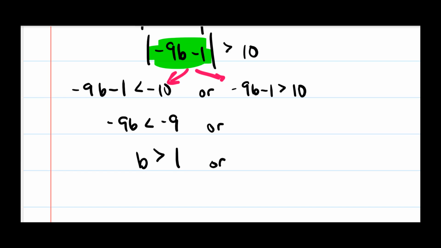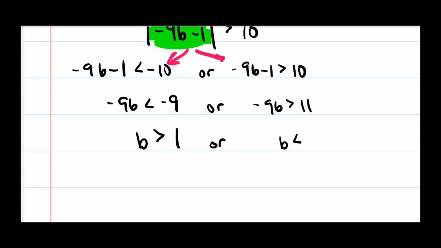Or when you move the 1 over on the piece on the right, you'll have -9b is greater than, if you add 1, you get 11. So b, and then we have to switch the symbol again. b is going to be less than -11 over 9. Now, if that was -9 over 9, that'd be -1. So it's just a little bit less than -1.